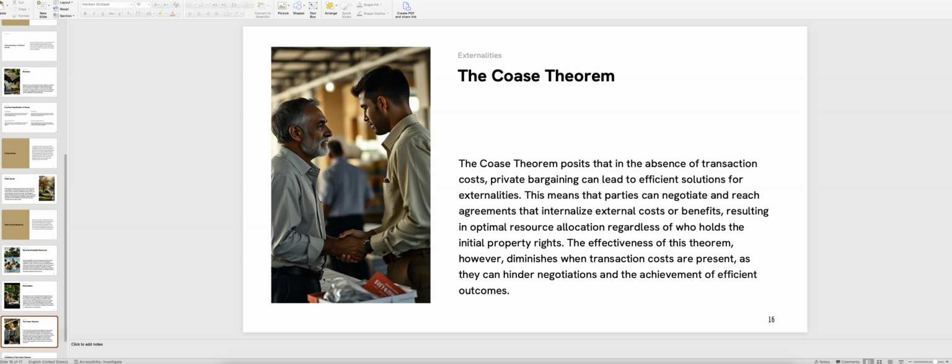Now, Ronald Coase becomes pretty important here, and you may have heard of him. What you see in the Coase theorem is that just because you identify that an externality exists, it doesn't necessarily mean that the government has to get involved.